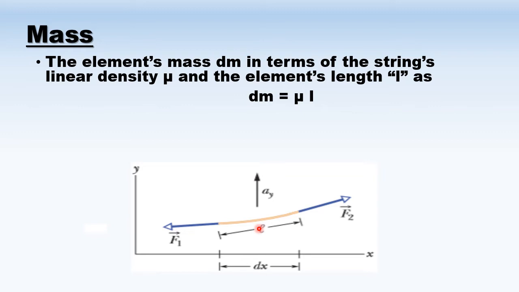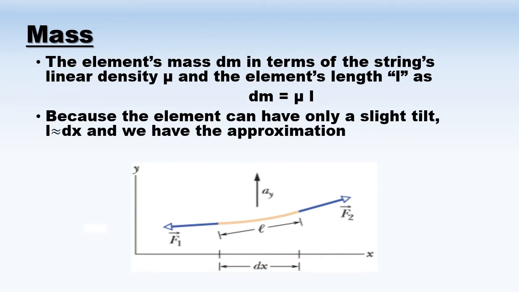Also, we can see in this figure that the length of the slightly tilted string element is approximately equal to the length dx. So we can replace L by dx and write dm equals mu times dx.